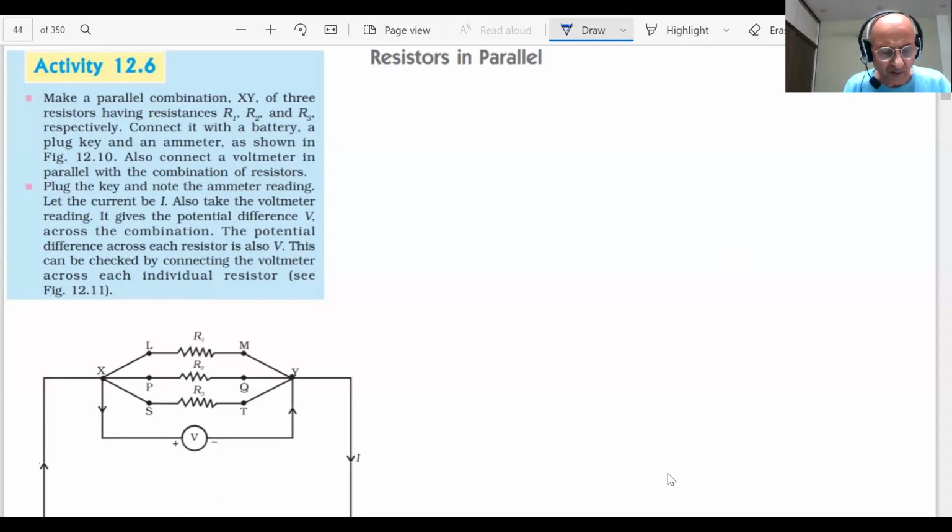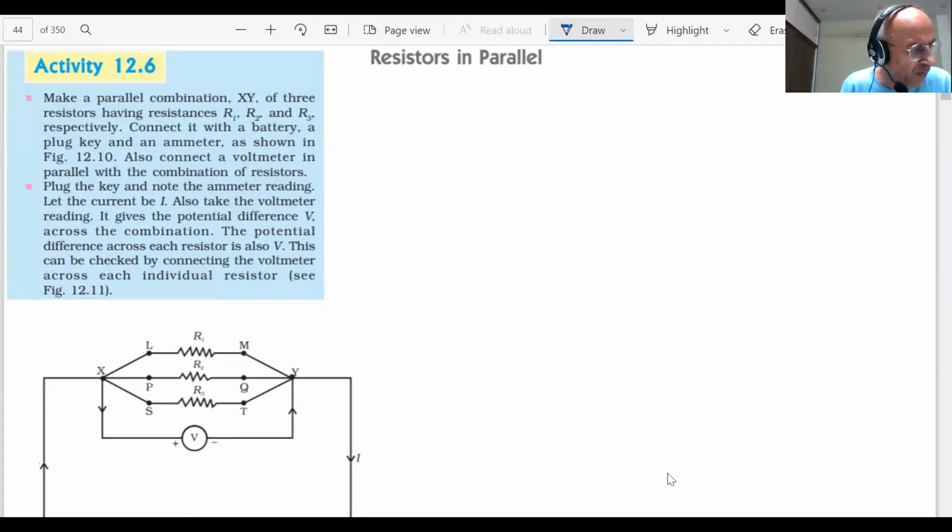We have discussed last time that we can connect resistors in series, and resistors can also be connected in parallel combination. And last time, students, we have derived a very important formula for the resistances in series.